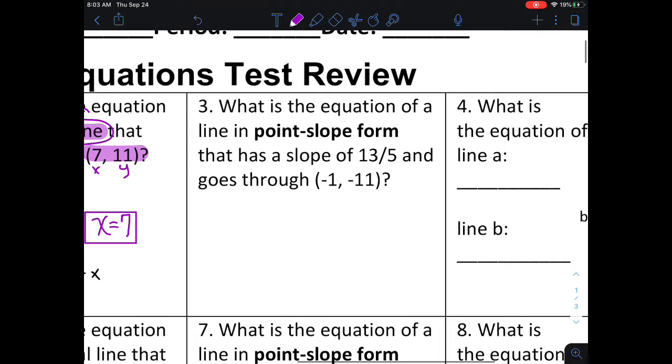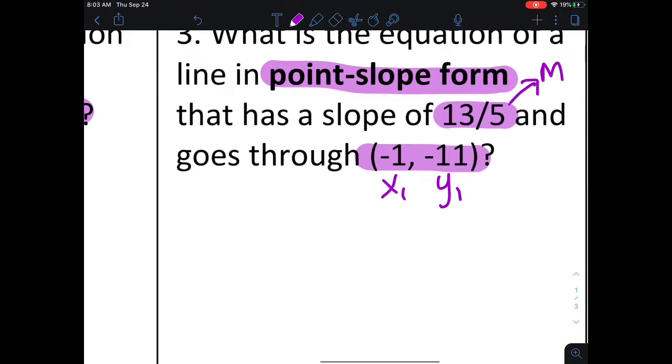What is the equation of a line in point slope form that has a slope of 13 over 5 and goes through this point? So this is our slope, and this is our x1, y1, and it says point slope form. So I'm going to go ahead and start by writing point slope form, which is y minus y1 equals m times x minus x1.